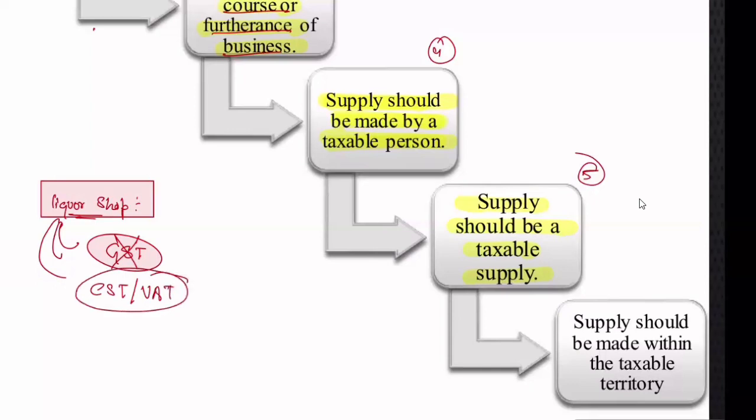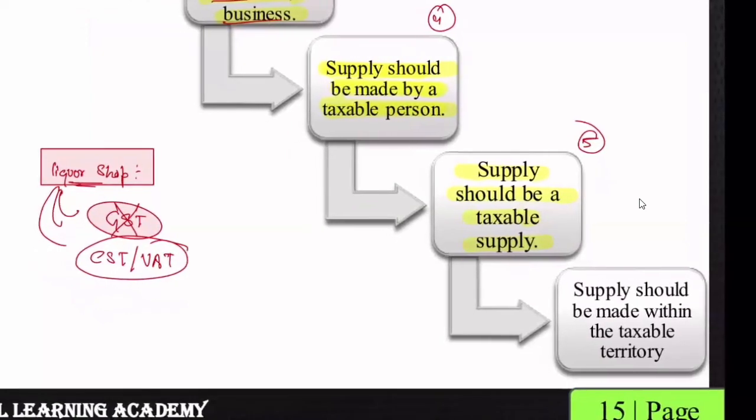So there won't be any GST on it. And that's what this point says, that supply should be a taxable supply. It should not be a non-taxable supply. For example, petroleum products. Correct. But can you name something which we cannot say is not a taxable supply?